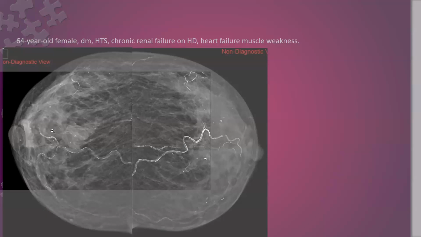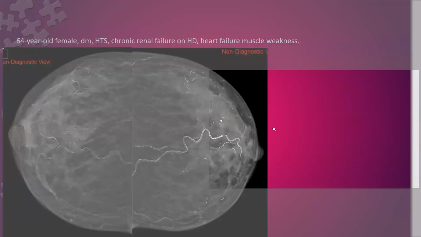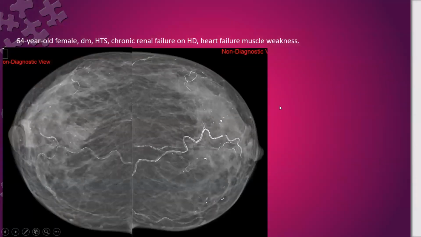Calcification. And you can see calcification within the nipple. So, is it developmental? In a postmenopausal 64-year-old? No, I'm just talking generally, but this is pathology. Yeah, this is suspicious pathology.